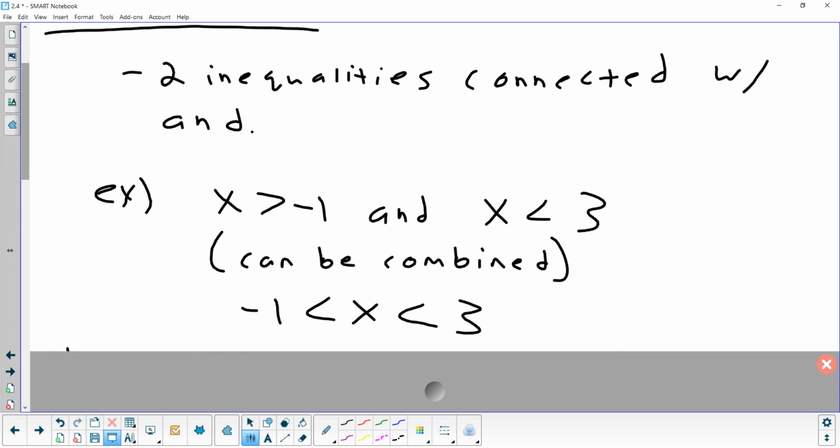So you can actually make it so you only have to write the variable once. You don't have to write the word "and." The word "and" is still here, but it's invisible when you shorten it. The way you'd pronounce this is, x is greater than -1, and x is less than 3. You could also say -1 is less than x, and x is less than 3. It's the same thing.